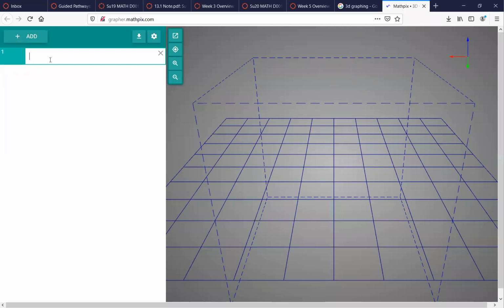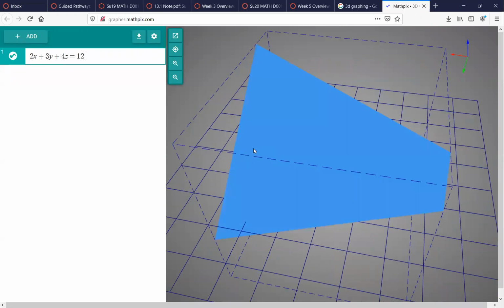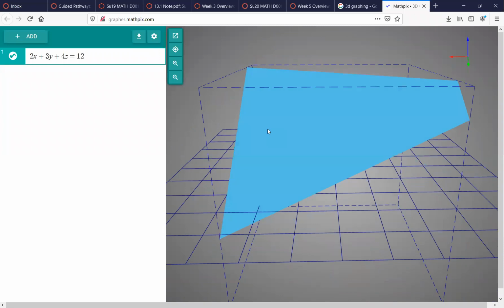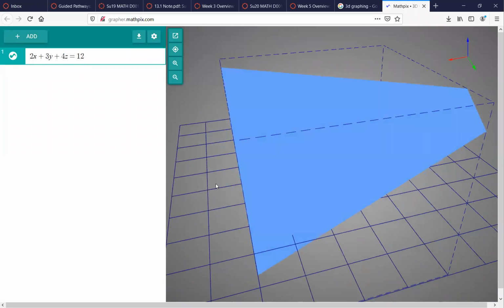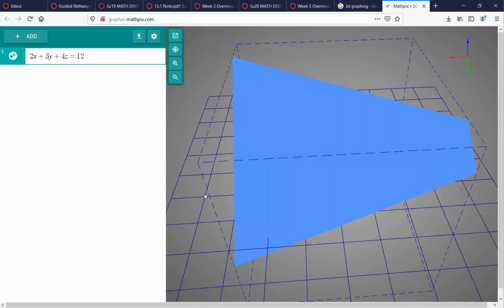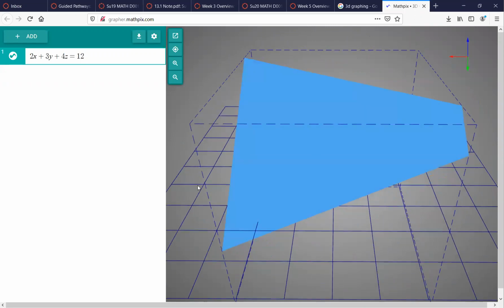Okay, let's graph this plane. We have 2x plus 3y plus 4z equals 12. This is your plane. You can find the points of intersection with the xy plane, the xz plane, and the yz plane.